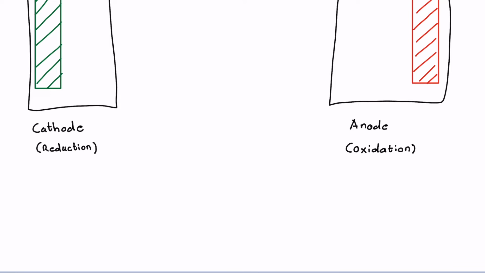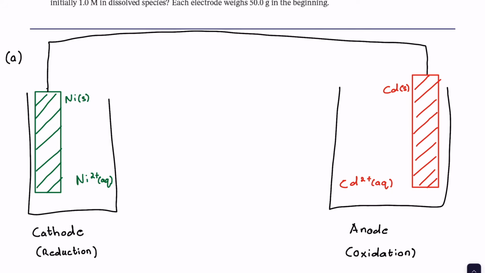So nickel is in a nickel 2+ aqueous solution, and the cadmium is in a cadmium 2+ aqueous solution. So there's some sort of cadmium salt that you dissolved to get the cadmium 2+ solution, and for the nickel you dissolve some nickel 2+ salt to get the nickel solution.